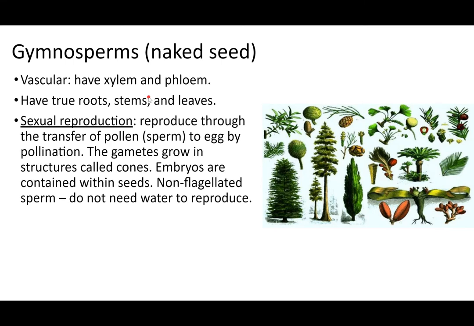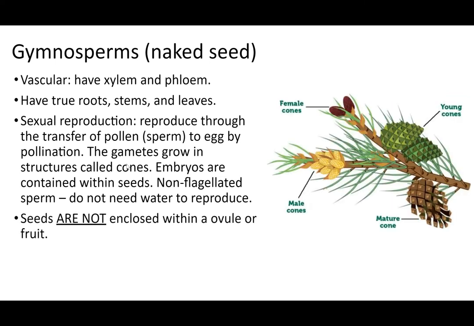And gymnosperms do reproduce sexually using pollen, which is the sperm, to fertilize the egg. And of course, that process is pollination. In gymnosperms, the gametes grow in structures called cones, right, which are those naked seeds. So the embryos are contained within seeds. They do not need water to reproduce.